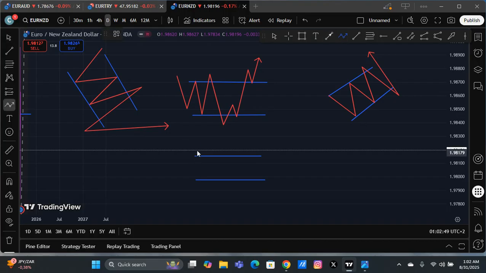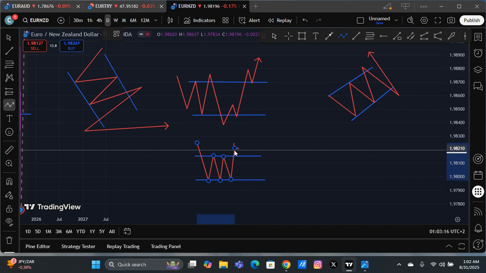Let me try to make a drawing here and see if it works. The market moves in a compressed channel like that, and it does not escape out of the channel. But once it starts to escape, you can see that now we're having a breakout of the channel. This is what we call the expansion.